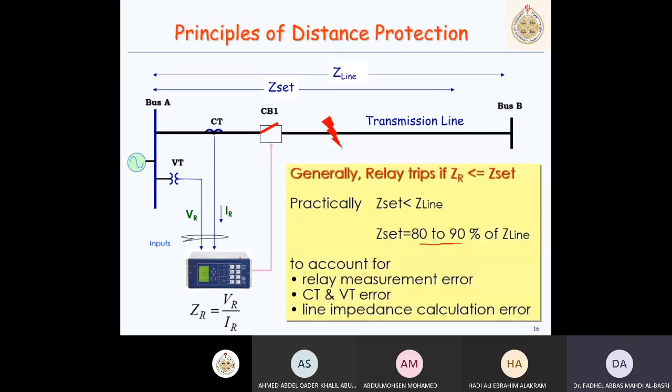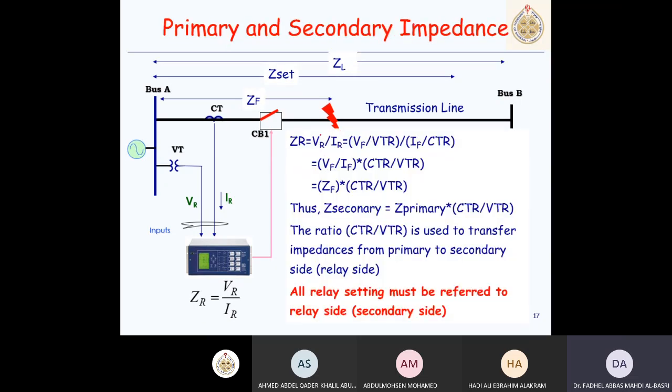And how then does the relay measure the line impedance? It will take Z line, so how does the relay see this Z line? I have to refer this line to the relay side. Suppose I divide these two quantities, V at the secondary side of the VT and the current at the secondary side of the CT.